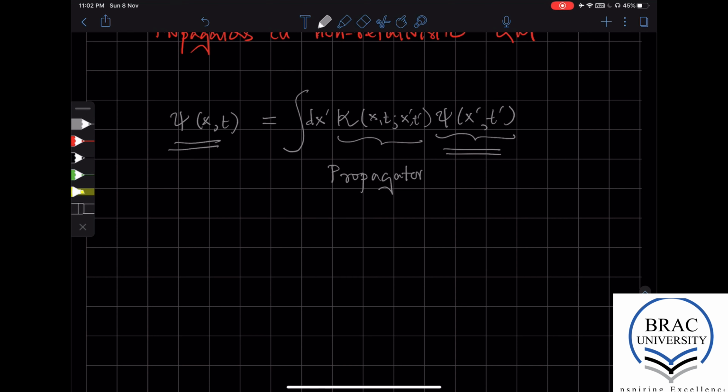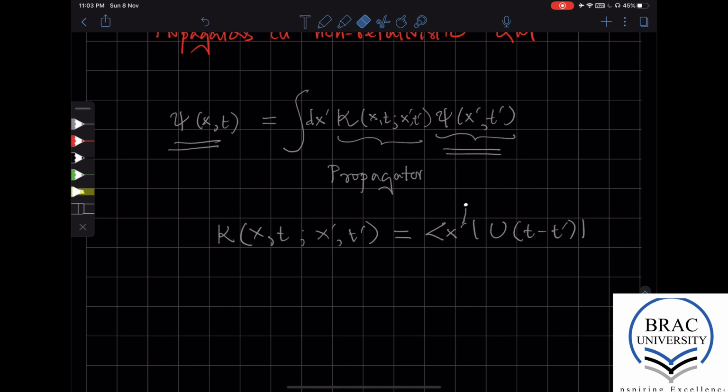And formally, the propagator is the position space or position representation of the time evolution operator. So this is formally what the propagator is. Sorry, that should be an X here.